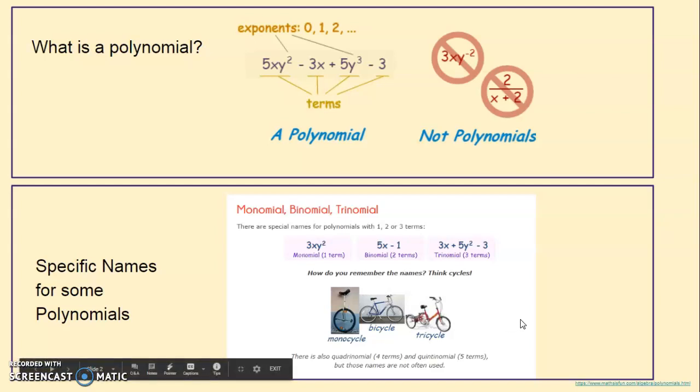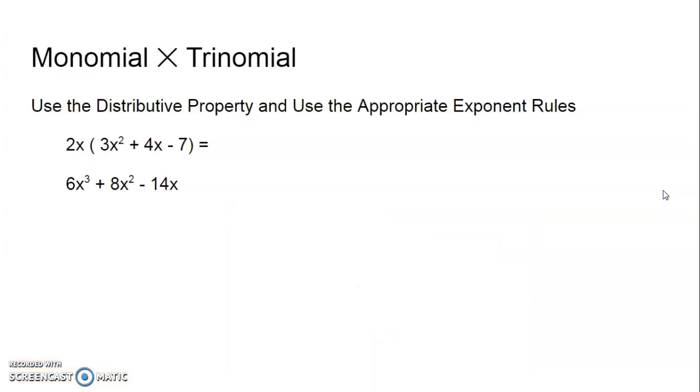They also explain there's a quadrinomial and quintinomial. Those terms are not used that much though. Right, all of these can be referred to as polynomials, and poly is just a word for many. So anytime we're talking about a polynomial, we really don't know how many terms we're talking about, which is why sometimes we use the 3 specific terms there.